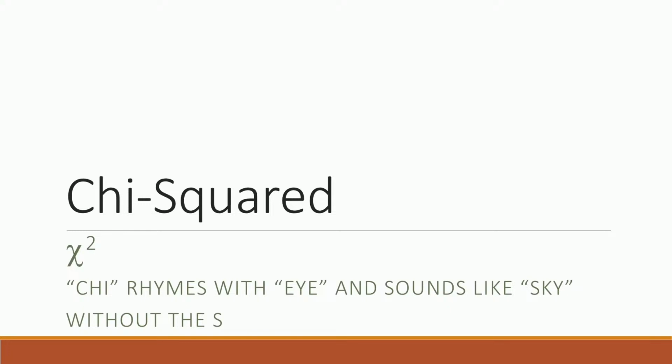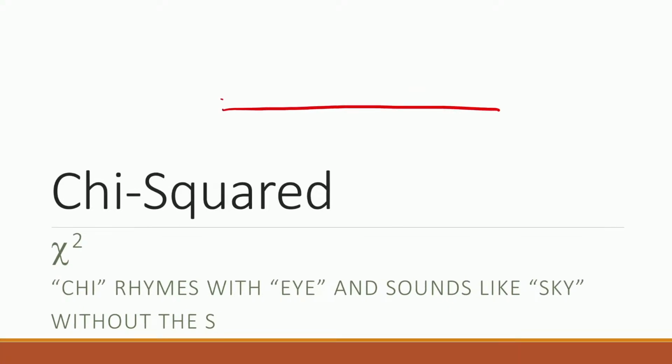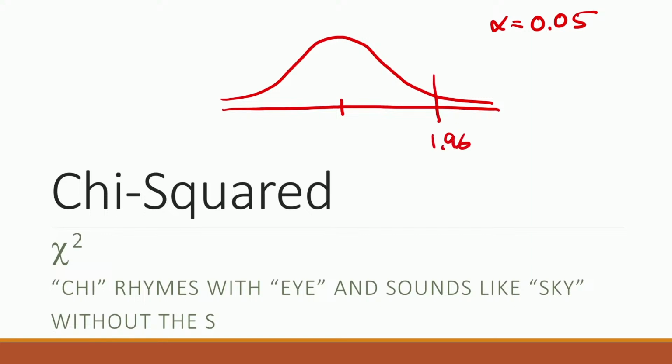This is similar to if you were to do this with a normal distribution, just to relate to something you're familiar with. Let's say that your alpha was equal to 0.05. Then with a normal distribution, this is going to be 1.96, and you put a negative 1.96 down here. There's 95% in here.